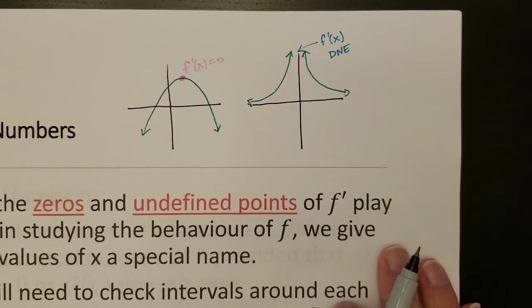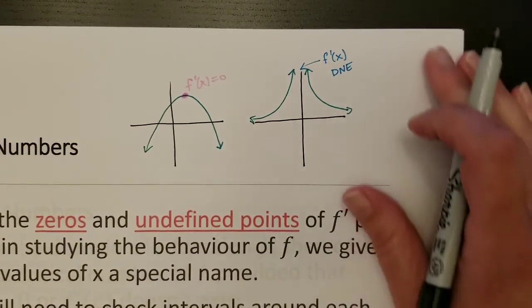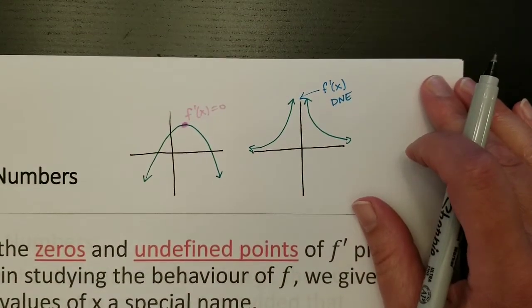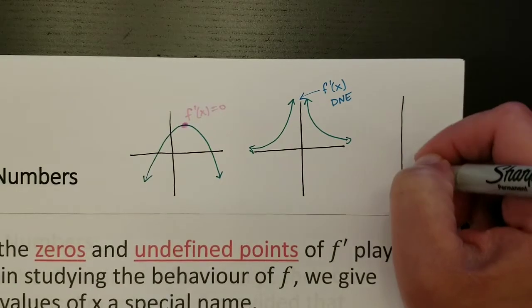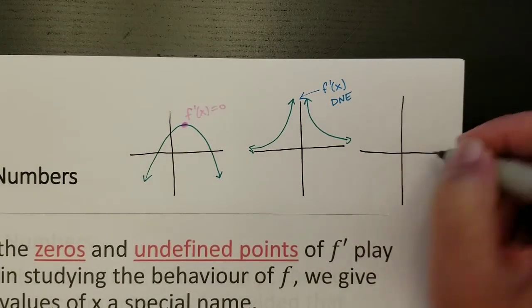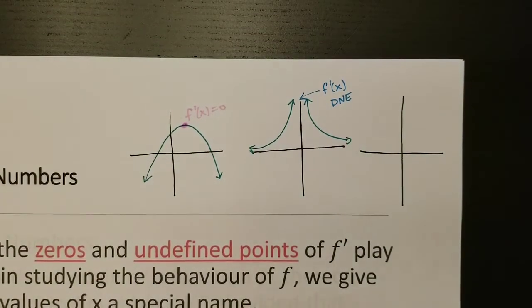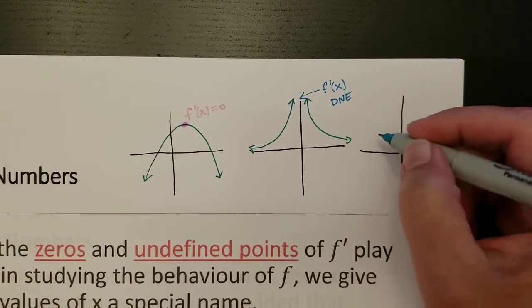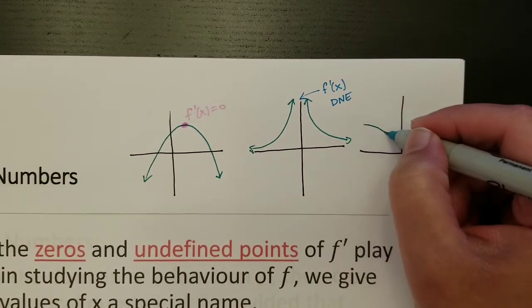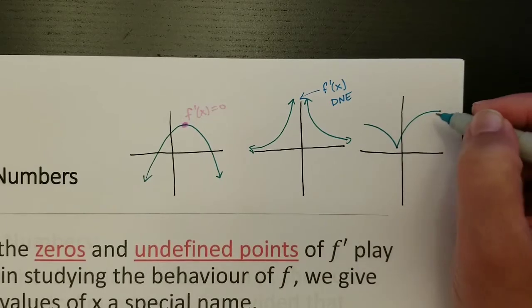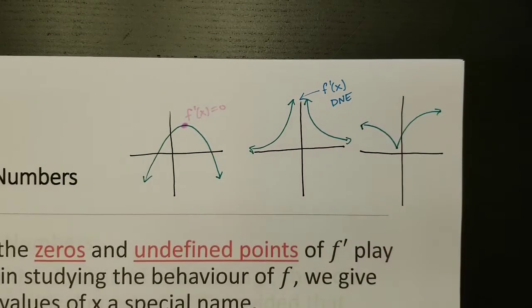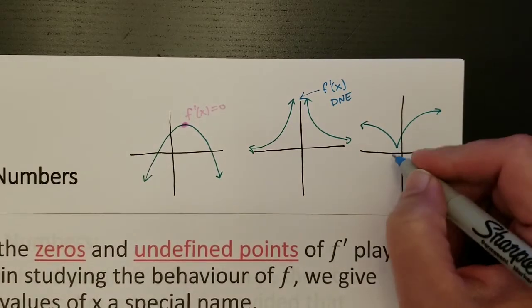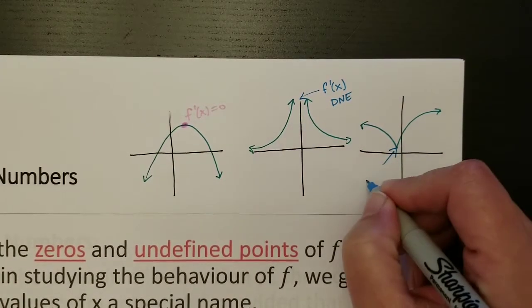There's one more example that is maybe less likely to be thought of, because the derivative cannot exist at a cusp. So if you have a graph like that, this would be a point where the function exists, but the derivative does not.